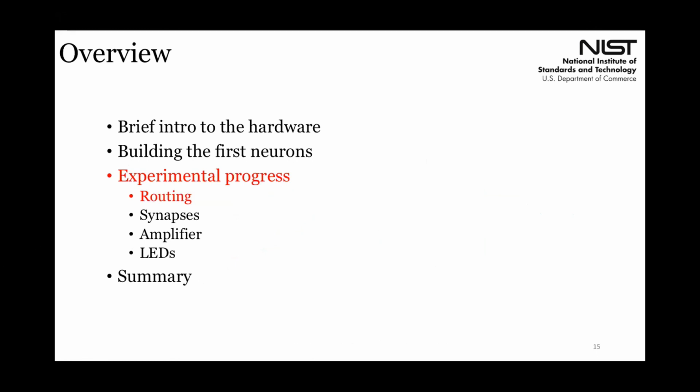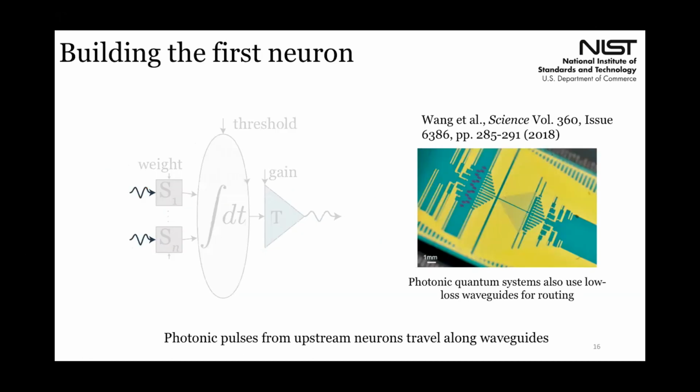Now let me tell you a little bit about our experimental progress towards actually building it. Similar to a photonic quantum system, we require low loss waveguides for routing and things like waveguide crossings.